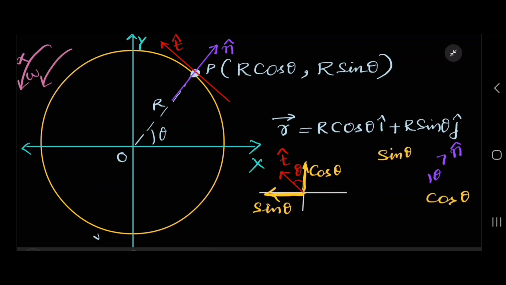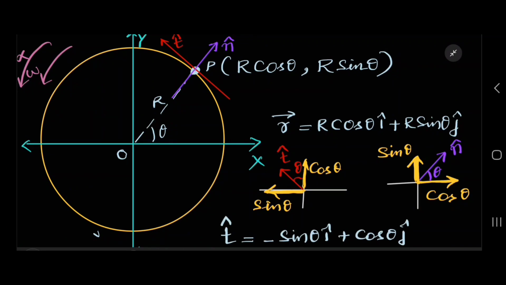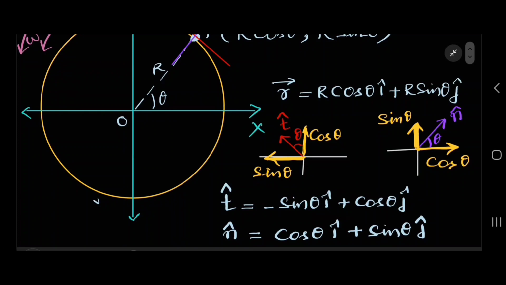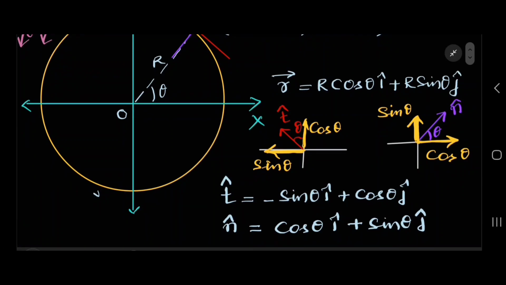Similarly, the n cap is making an angle theta with the horizontal. So resolving the vector, we get cos theta along x-axis and sin theta along y-axis. I can write t cap as minus sin theta i cap plus cos theta j cap, and n cap as cos theta i cap plus sin theta j cap.